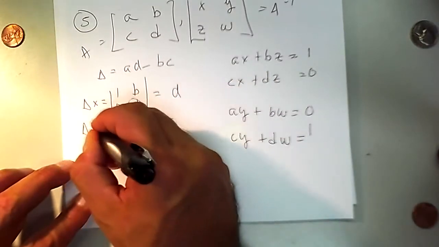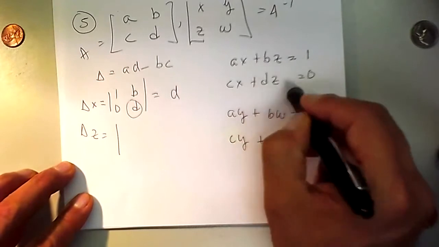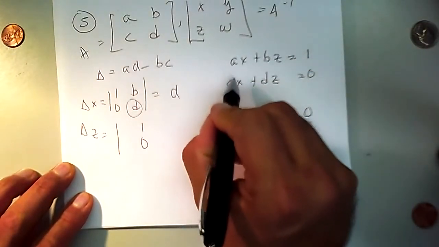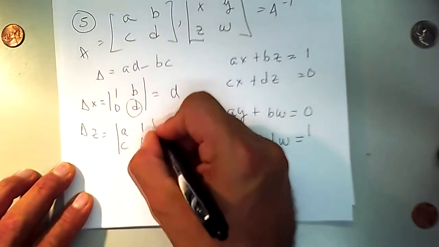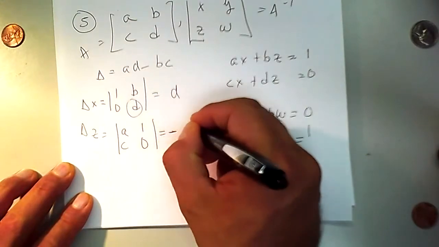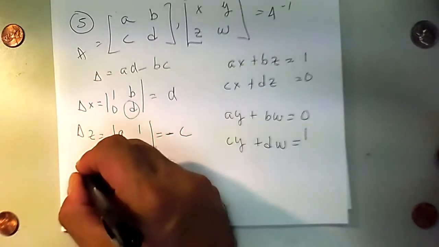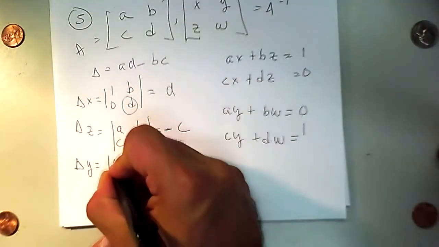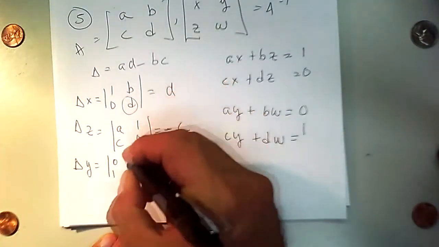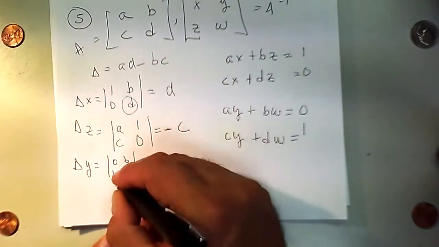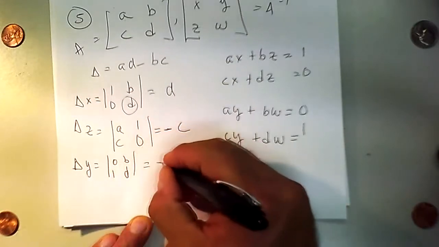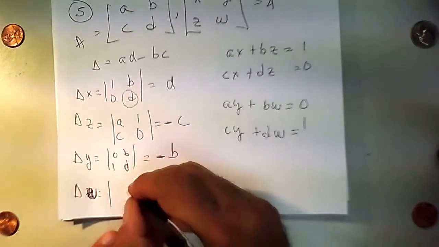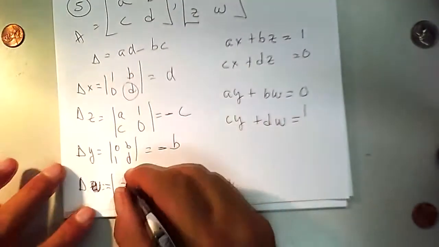Okay. Delta z: put 1, 0 in the column of the z's, and then A, C, and that's going to give us negative C. Delta y: okay, the y, we replace that column with 0, 1, and then we still have B, D. So the determinant is going to be 0 minus B. And delta W, rather, will be, whoops, I just messed that up too badly.